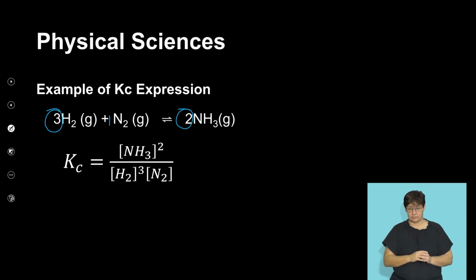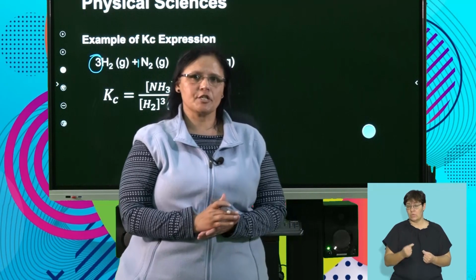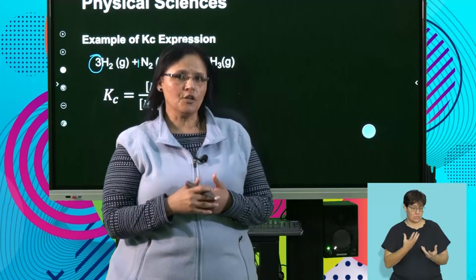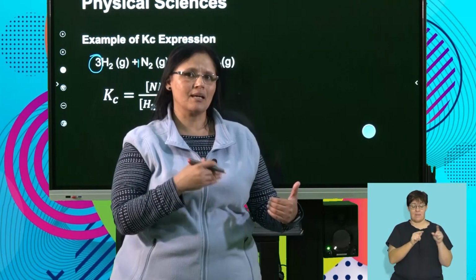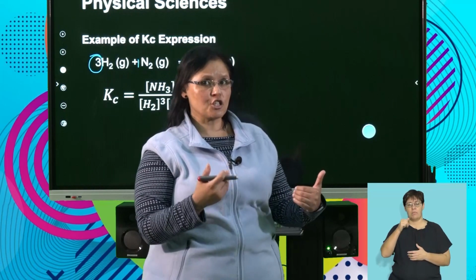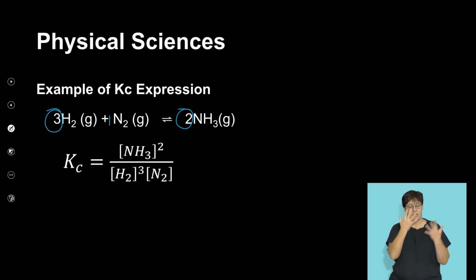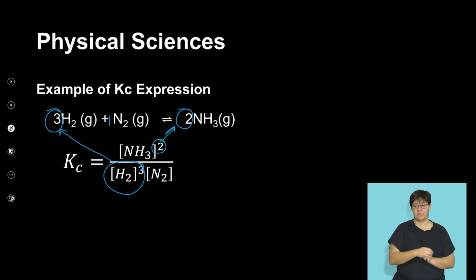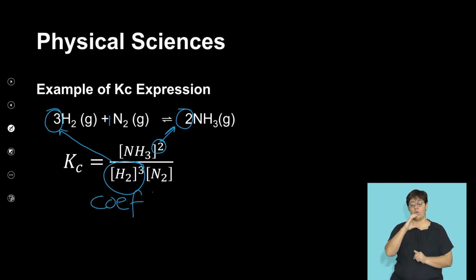When we do the concentrations in our Kc expression, we normally use the coefficients and they become a superscript. So in this case we have NH3, the concentration to the power 2. That comes from the coefficient. For hydrogen it's to the power 3, or to the exponent 3. So your coefficient becomes your exponent.